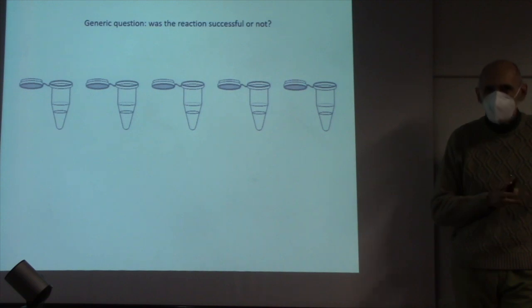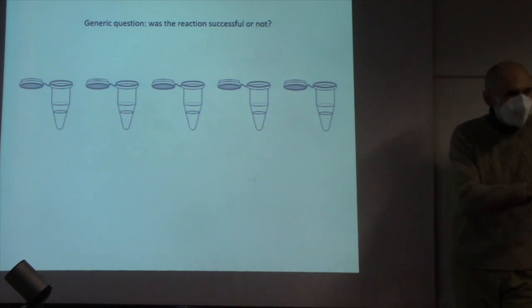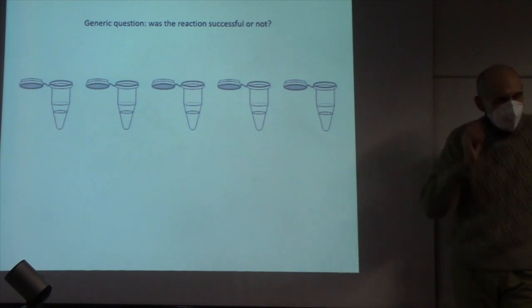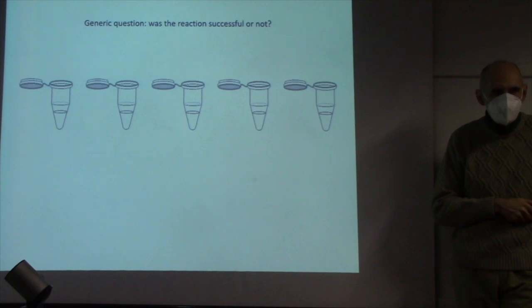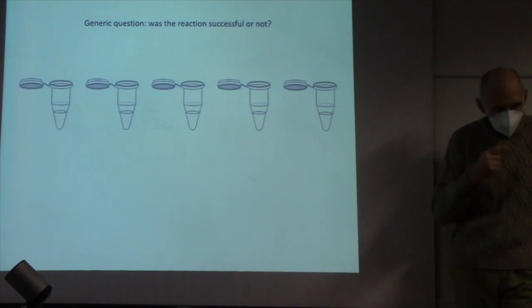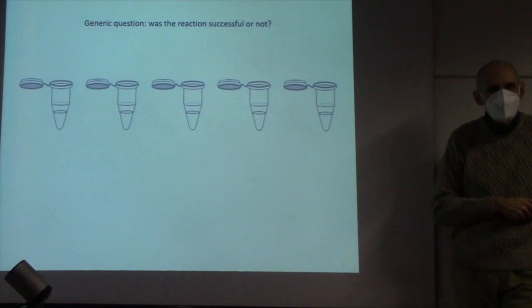What's the purpose of a buffer? Remember first year chemistry. The pH. Keeping the pH put. Right, so is there a variation of pH after the reaction? Minimal, almost negligible, I would say. However, keep thinking on these lines.